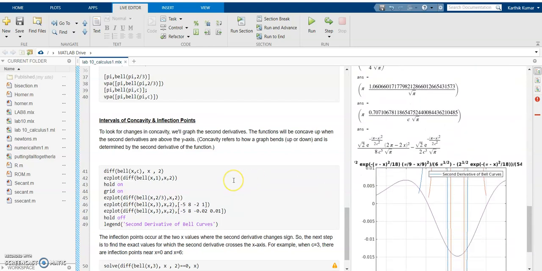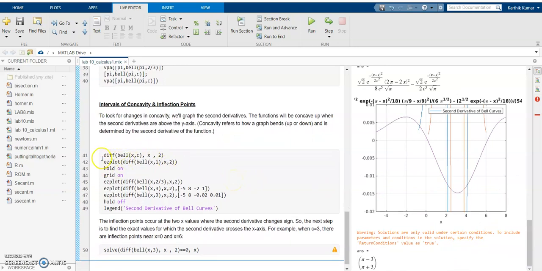So what I do is I take the derivative of the bell function for a general case of c at x is equal to 2. Then I plot each one of them. I'm plotting the derivatives here, and I see that this one is concave up.